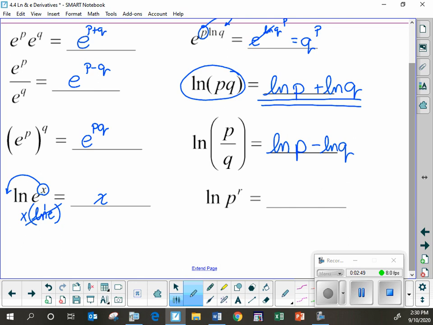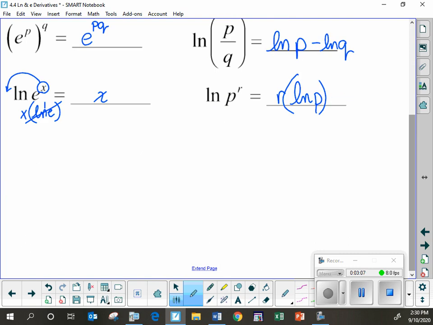So that's why these rules are sitting in here, just as reminders. Sometimes it can be easier done. This is the power rule. The r comes down in front, and we have natural log p. And that definitely is easier to take a derivative with a coefficient.